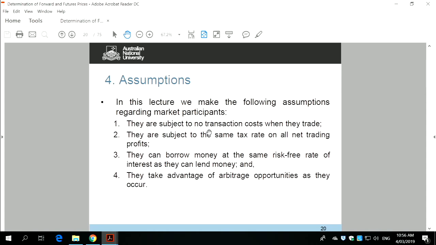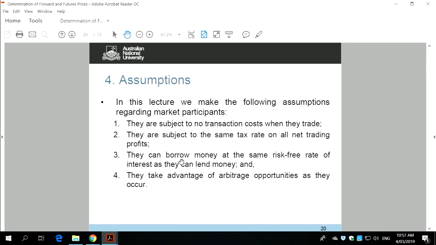Now the second assumption: they are subject to the same tax rate on all net trading profits. It can be realistic, because hedge funds, for example, have the same tax haven. Their headquarters are probably registered in some small Pacific islands, so maybe they can access the same tax rate. Let's just assume that is somewhat realistic.